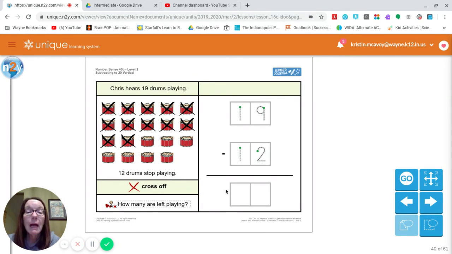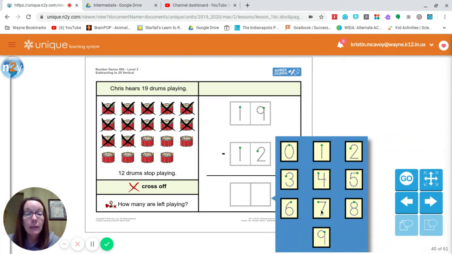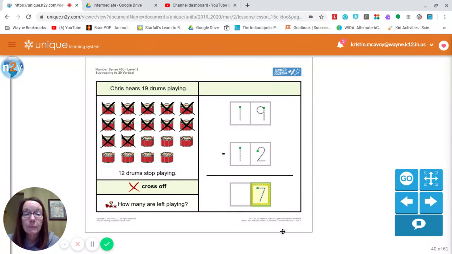7. Again, we don't start with the tens column to write the number 7 because it is below 10. This is going to be blank. We're going to go to the ones column because it's 7 ones. And write the number 7. Great job.